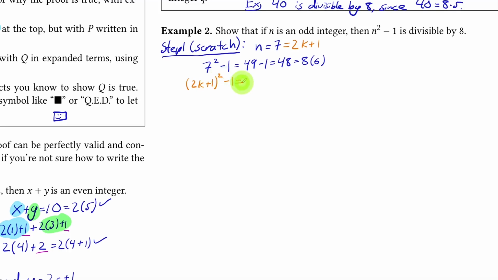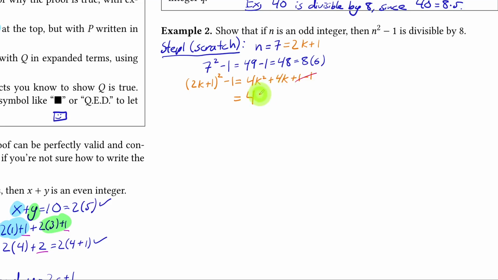And we can FOIL that out. You'll get 4k squared plus 4k plus 1 minus 1. Oh, we're getting somewhere. This plus 1 minus 1 cancels out. And we can write this as 4 times k times k plus 1.